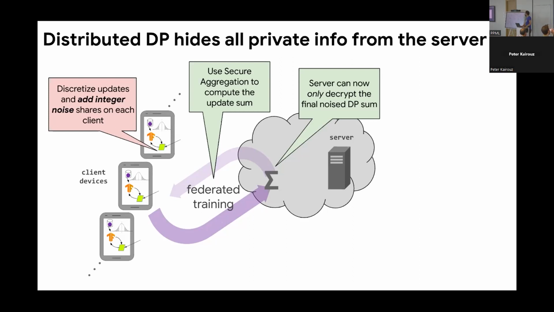How do you make sure that the server can only decrypt the final result? Yeah, so this goes back to the details of the cryptography that I actually glossed over completely. But essentially the idea is very simple. If you and I share some secret, I'm going to add plus 1 million, and you're going to subtract 1 million from your value.